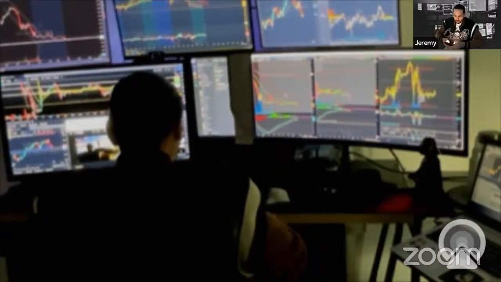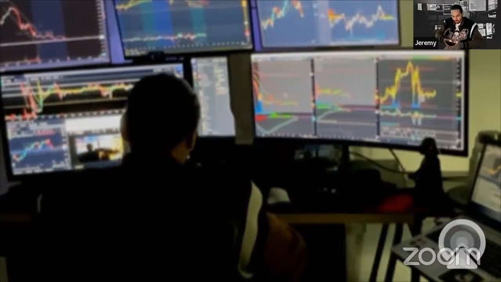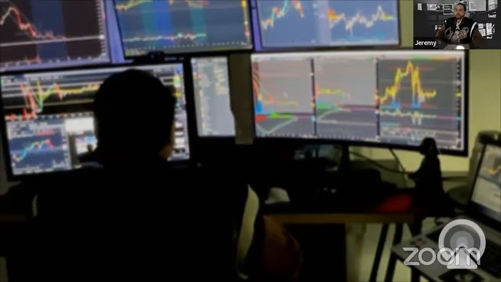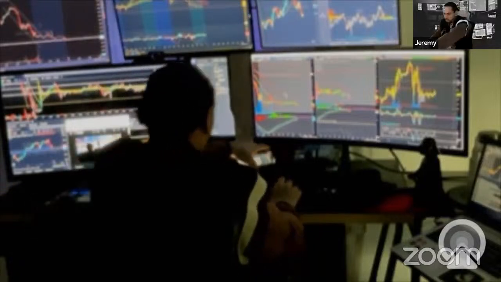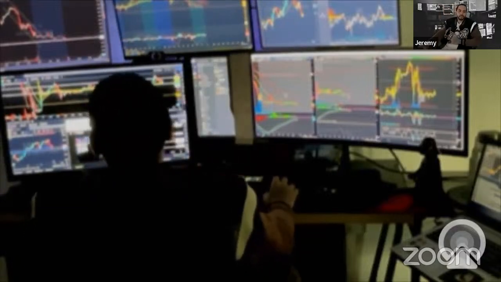Okay, so I sent out the Zoom link, so the community can come in and join. Anyone that has any questions or anything they want to talk about, the discussion is open. I just wanted to go over my chart setup because that was one of the big things people continued to ask about.